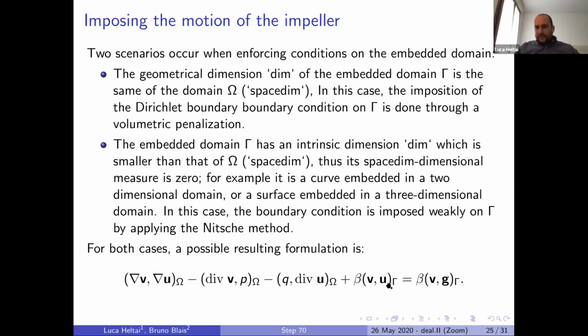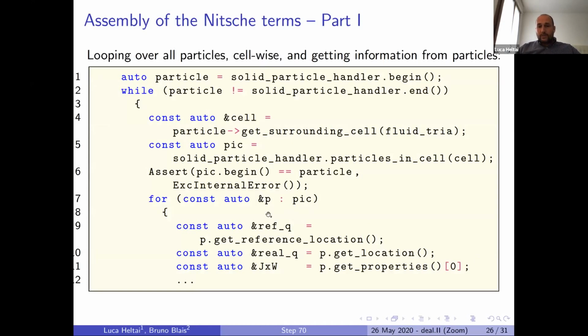So if for any quadrature point of the particle, you store J times W of that particle, you can actually compute these integrals by simply querying which basis functions are different from 0 at that quadrature point and just summing over all those quadrature points, which is exactly what is happening here. So we collect for every particle the point, which is the reference quadrature point, the real quadrature point, and the Jacobian times W weight, which is the thing that we actually need to do the integration.